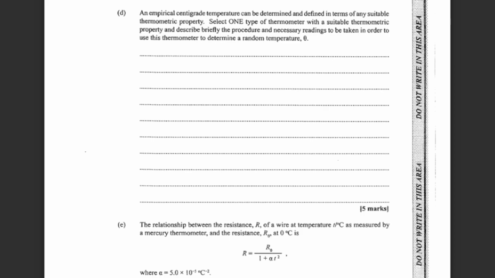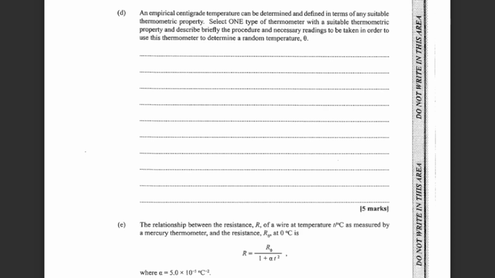The thermometric property is really the pressure of the gas, but the pressure measured in the constant volume gas thermometer is going to be directly related to the height of mercury in the open end of the U-tube manometer. So it's going to be height. That's going to be what we use in our equation. It's going to be the height of the liquid in the open end of the U-tube manometer, right? So that is going to be the thermometric property, and that thermometric property is based off of the pressure.